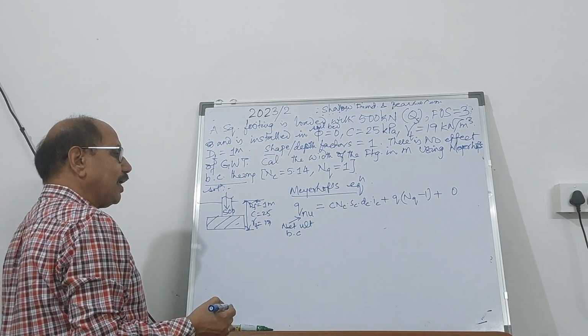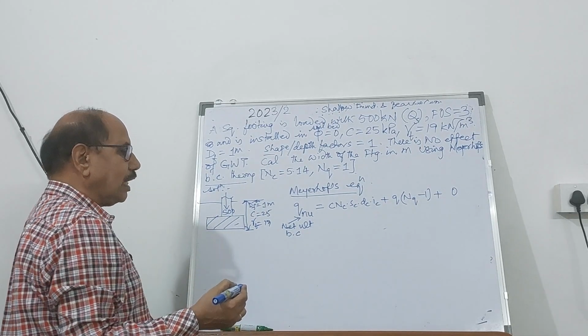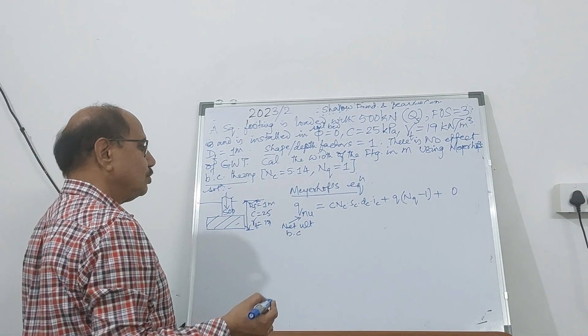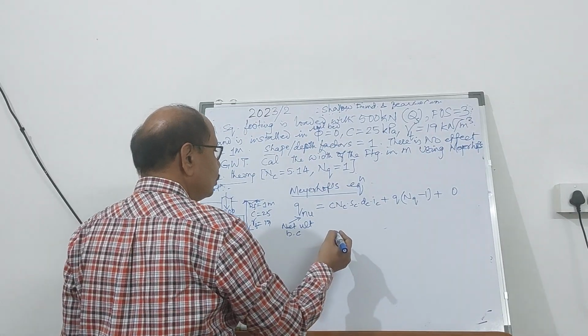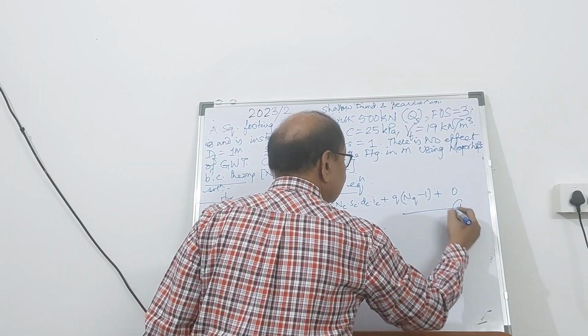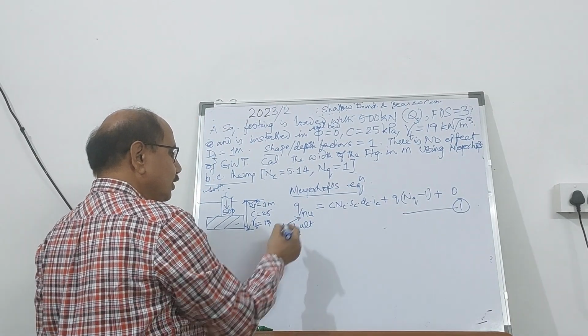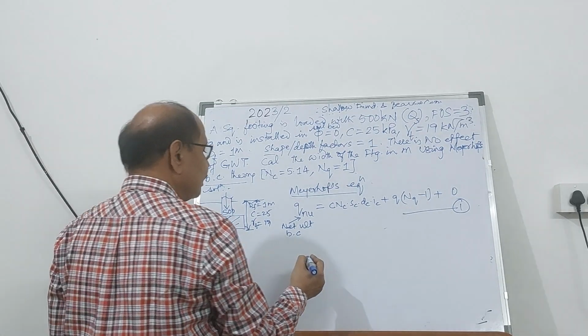So for pure clay, you know that the bearing capacity factor N gamma will be 0, so the third term will not come into the picture. Now this is the expression given by Meyerhof. So if you use it, you can find out the net ultimate bearing capacity.